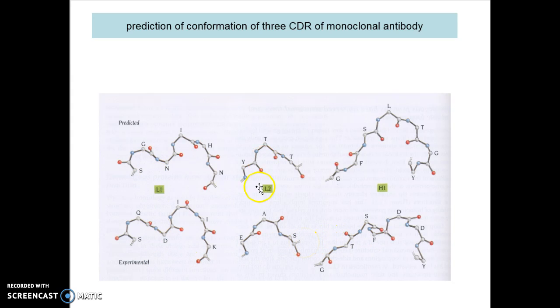You can see very similar, almost identical structures except the last one, but it turns out the bottom structure determined by experiment was wrong and was later determined to be similar to this one.